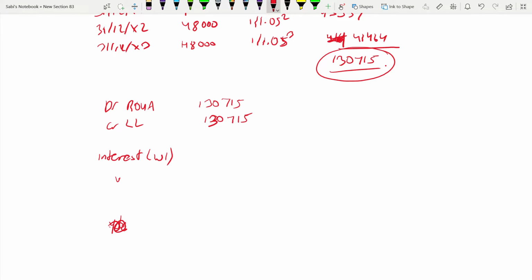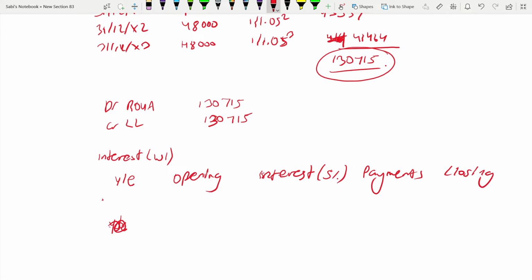Year end, opening, payments and then closing. Try to follow this pattern in your exam also. You will never get it wrong.